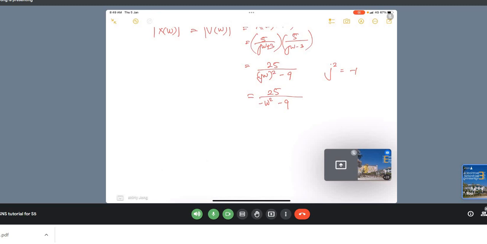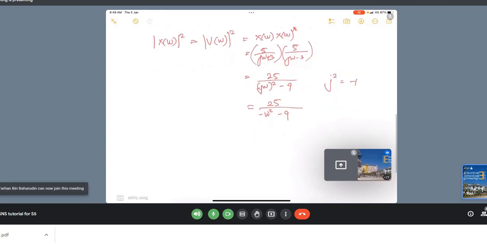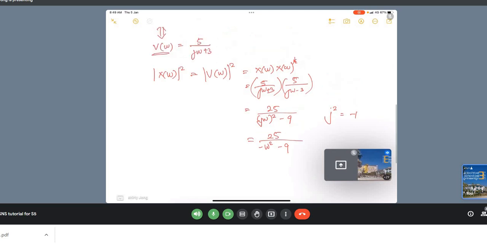Okay, what is next? We need to find out the energy for 10 ohm. Just now we found the energy for 1 ohm. What about the energy for 10 ohm? Can you guess, class, how to do it?